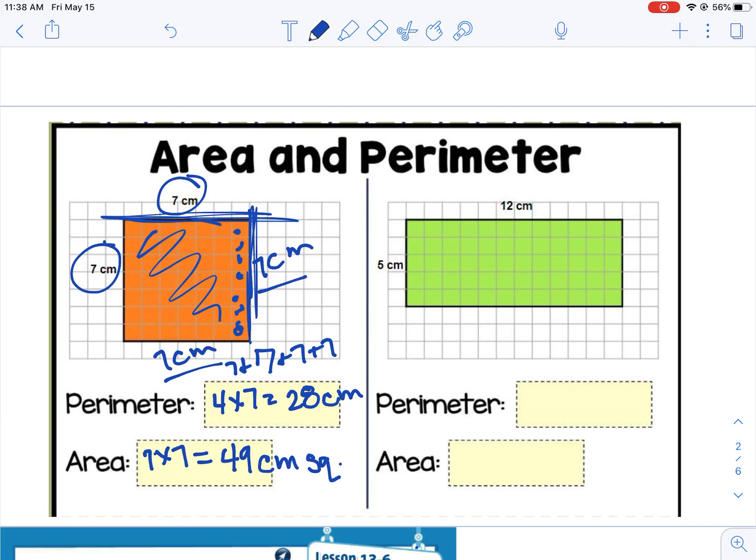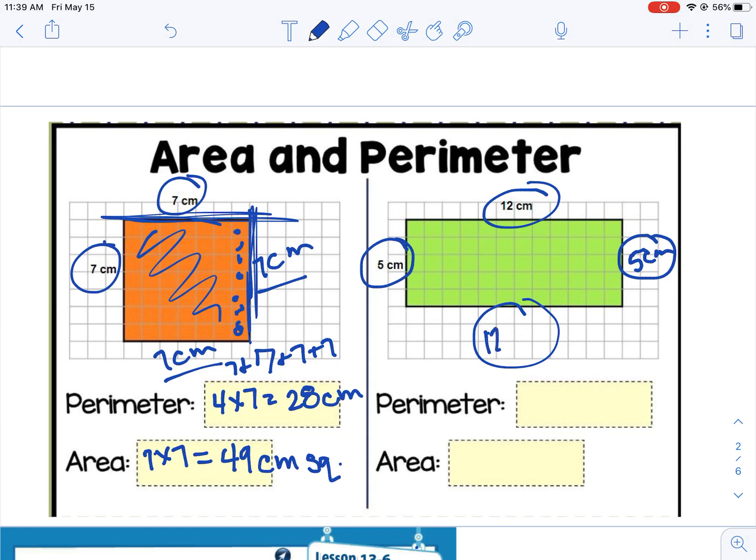When we look at a rectangle, they've got two pairs of congruent sides. So if we have 5 centimeters here, what are we going to have over here? If you said 5 centimeters, you are correct, because we know that rectangles are built this way. And if we have 12 centimeters here, what are we going to have here?